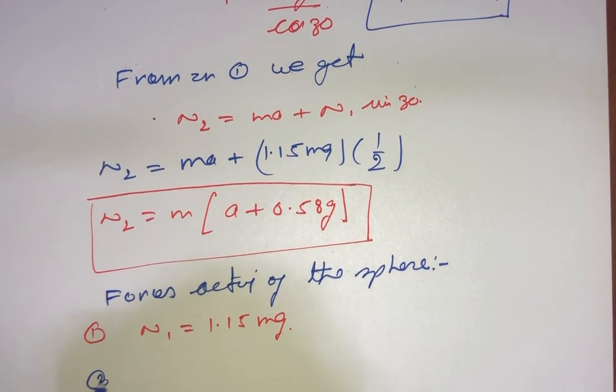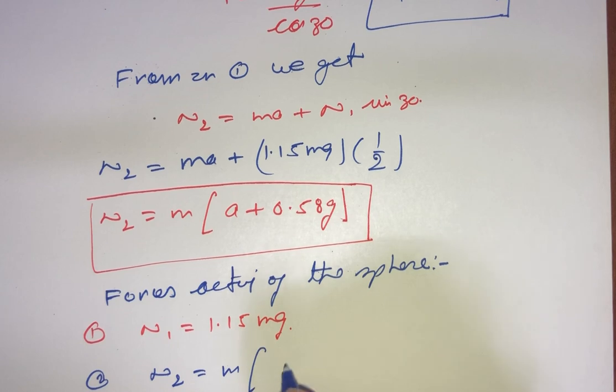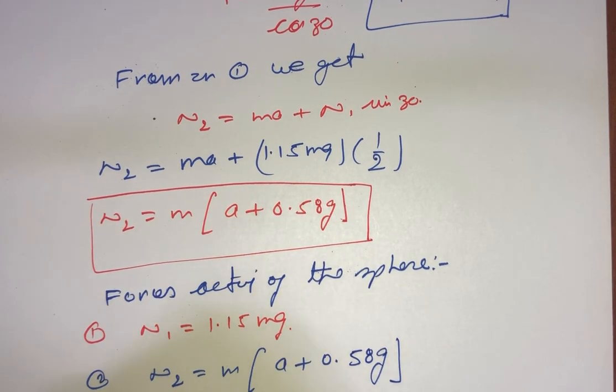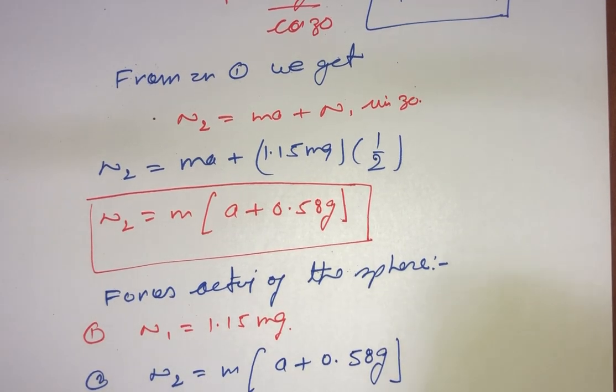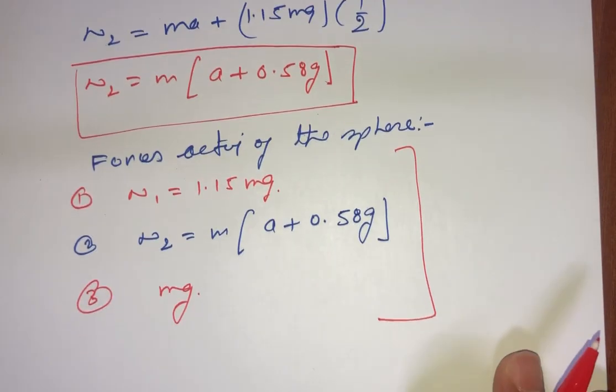Second is N2, which is equal to m into A plus 0.58 g, and finally third is mg. So these are the three forces.